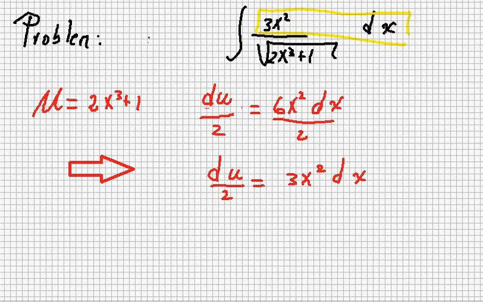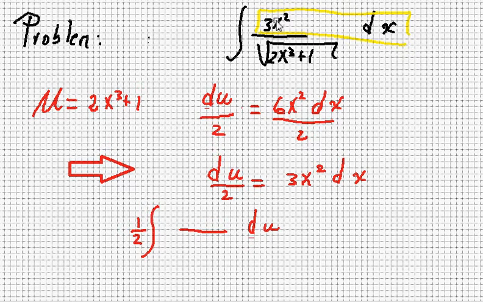I have now the integral of du over 2, because 3x squared dx is equal to du over 2, and that's what I have here.